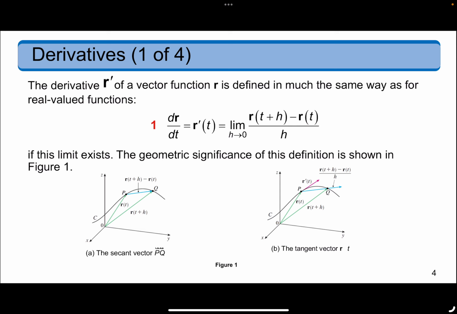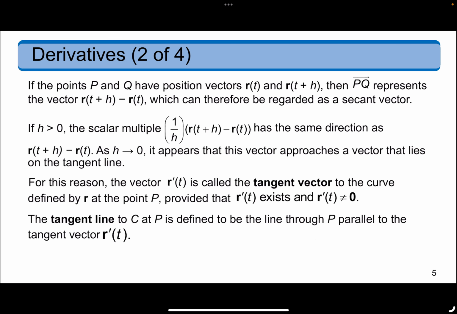So we can have the secant vector PQ, which is the limiting value for the tangent vector r of t. If the points P and Q have the position vectors r of t and r of t plus h, then PQ represents the vector r of t plus h minus r of t, which can therefore be regarded as the secant vector.